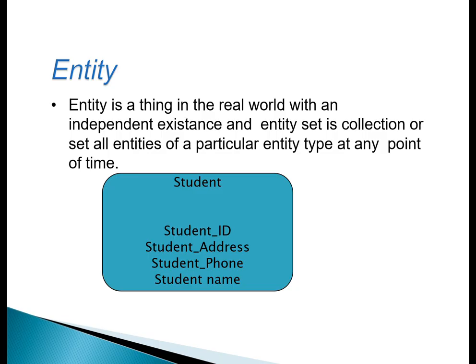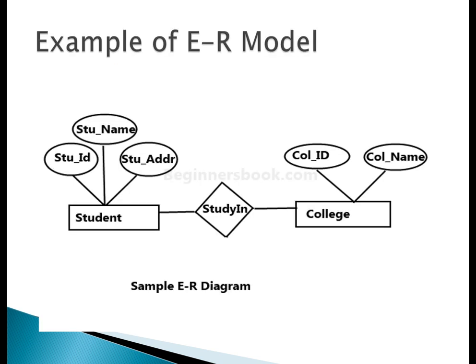For example, if I take student as my entity, this student entity will have some information like student roll number, student address, student phone number, student name, student marks. So everything about student is nothing but attribute. The information about entity is known as attribute.